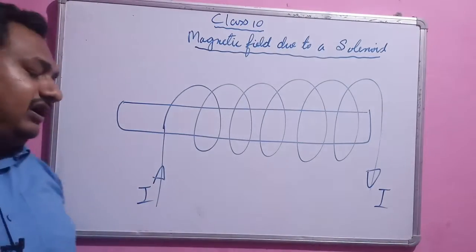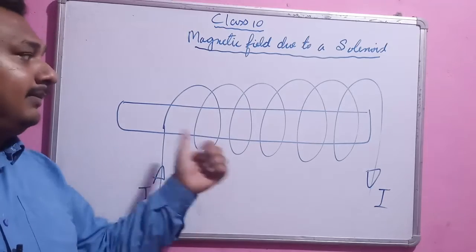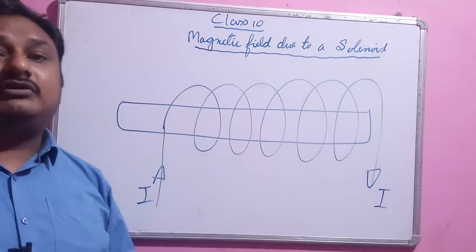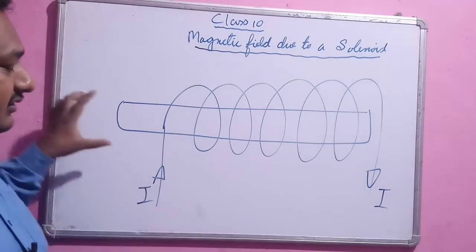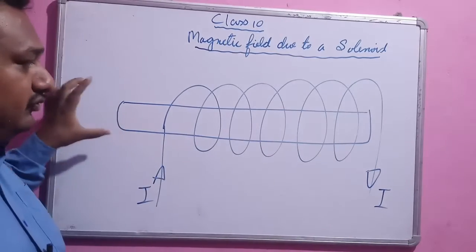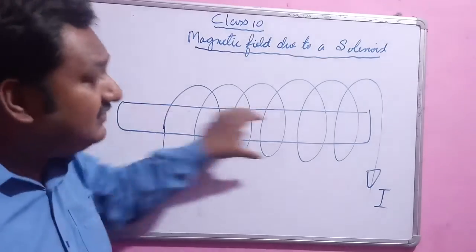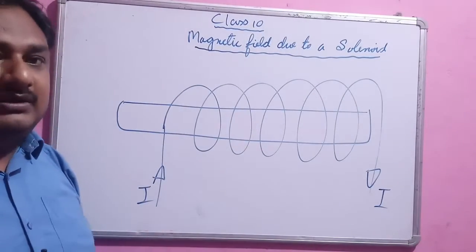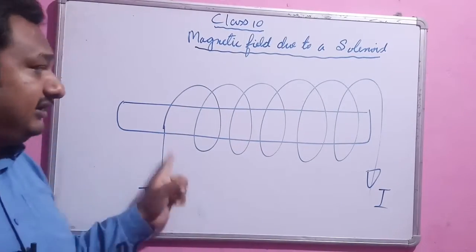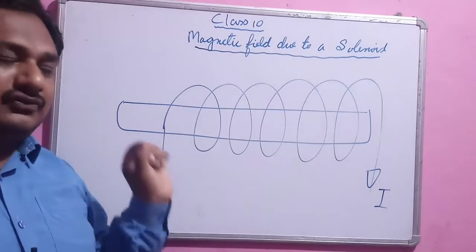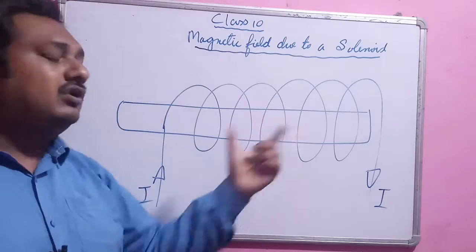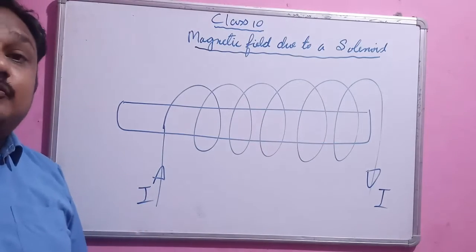As we know, the solenoid behaves as a bar magnet. The magnetic field of the solenoid magnetizes this whole iron bar. I am repeating, the magnetic field of this solenoid magnetizes this iron core, and for a short interval of time this iron core will also behave as a magnet.